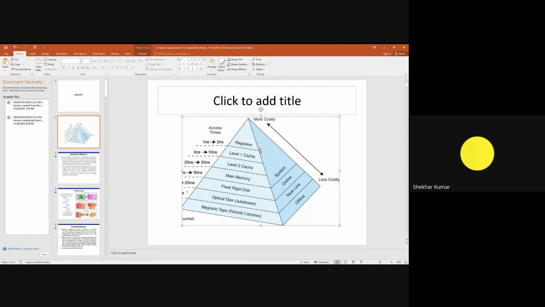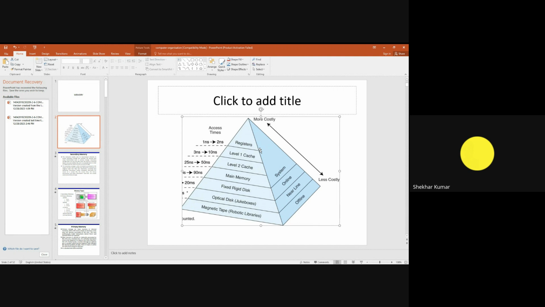So registers are very small, high-speed memory units located in the central processing unit. They are basically used to store the most frequently used data and instructions. The access time of the registers is very fast, and the storage capacity is very low.